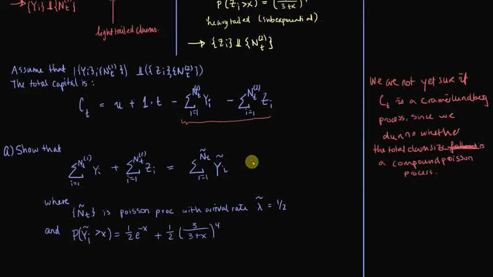Now in A, we want to show that the total claim size is a compound Poisson process. So what we want to do is show that the total claim size has the same distribution as a process of IID claim sizes Y tilde i summed up until N tilde's claim size, where N tilde is a Poisson process with arrival rate 1/2.